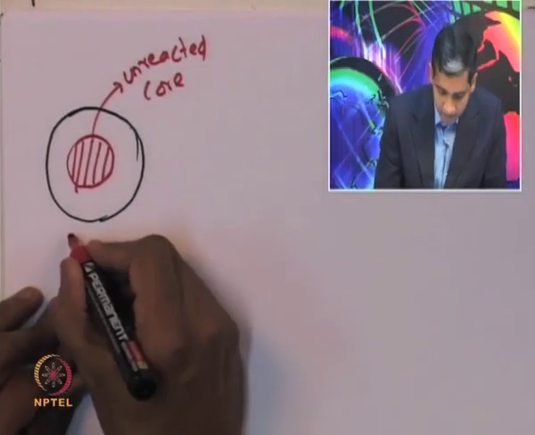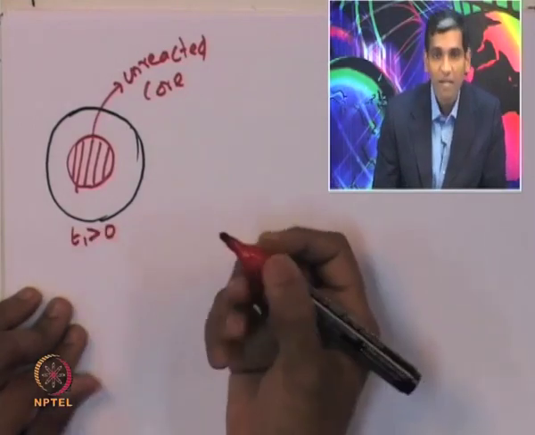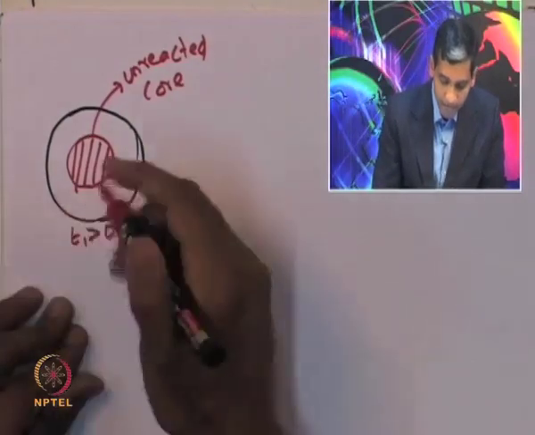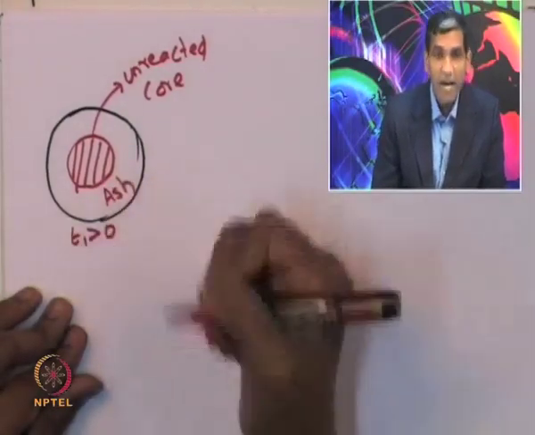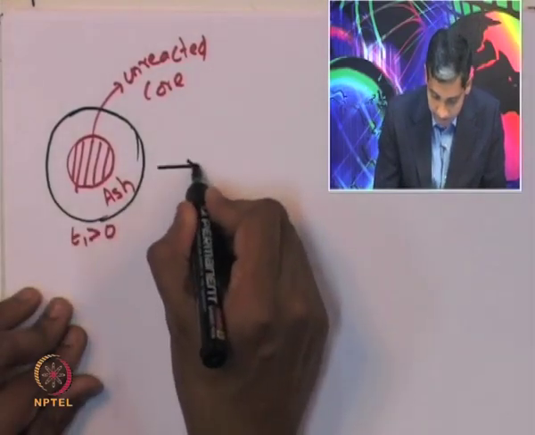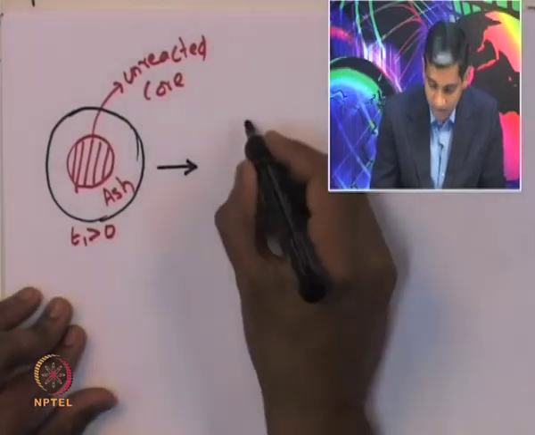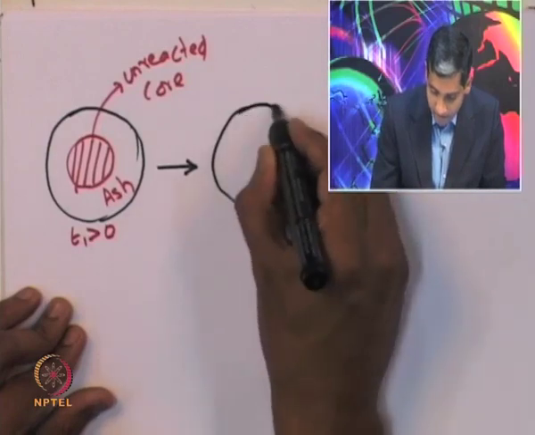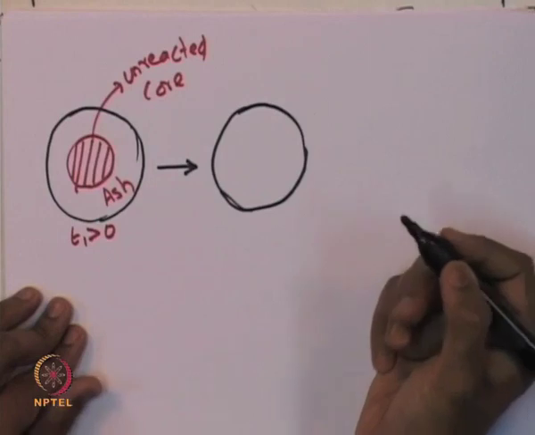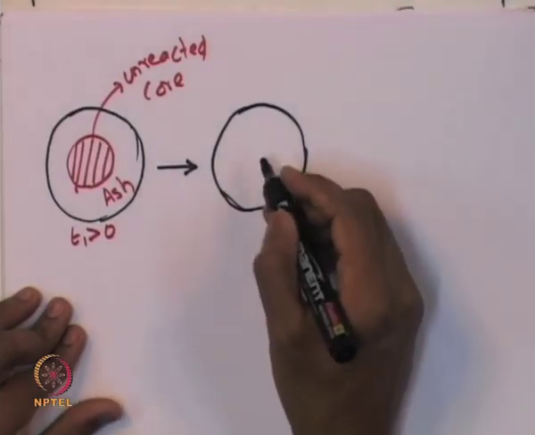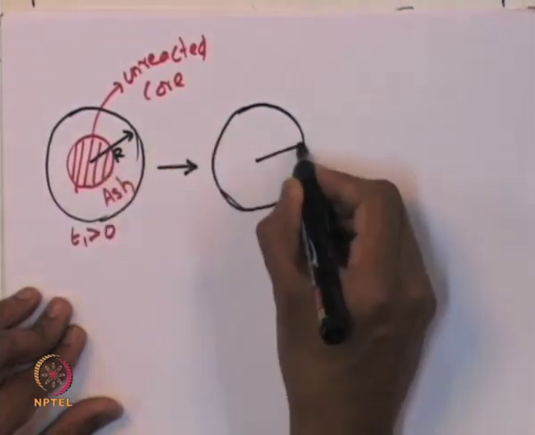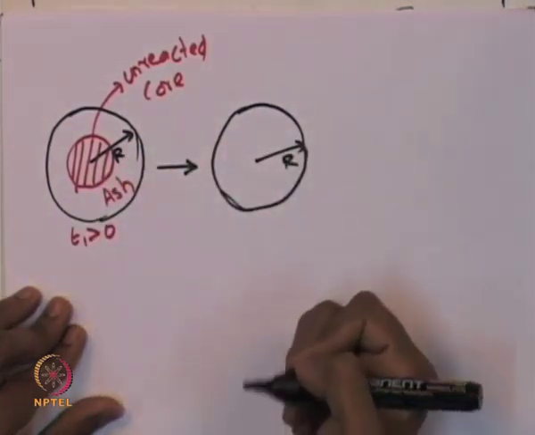So, let us say at some time t1 which is greater than 0, there is some amount of unreacted core which is present, and the outside layer is called the ash layer. Now, as time proceeds, if this is the solid core which was started initially and the reaction has started, this is the initial size of the solid core, R is the initial size of the solid core.